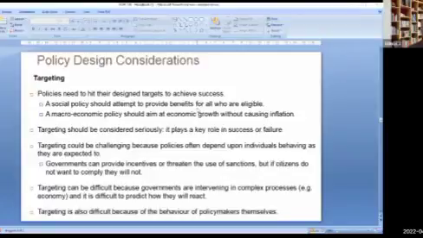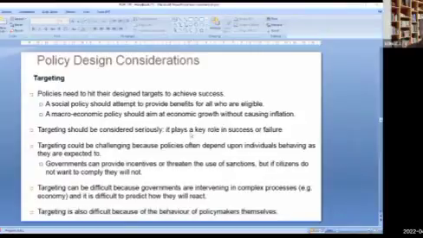In the past 10, 15 years, we've seen several economic policies that were supposedly aimed at improving the economy, and then the result is hardship, inflation, and more poverty. So for policies to succeed, they must hit the desired target. Targeting should be considered seriously. It plays a key role in success or failure.